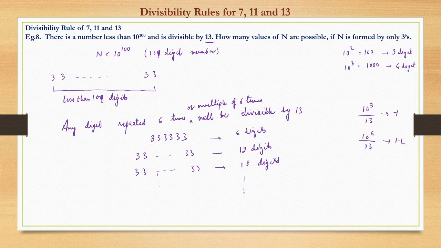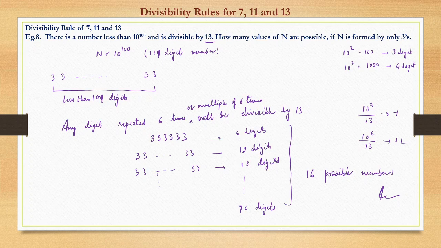So it can go up to 96 digits, right? So how many cases are possible? 16 cases, 6 to 96. So 16 possible numbers. This is the answer, right?